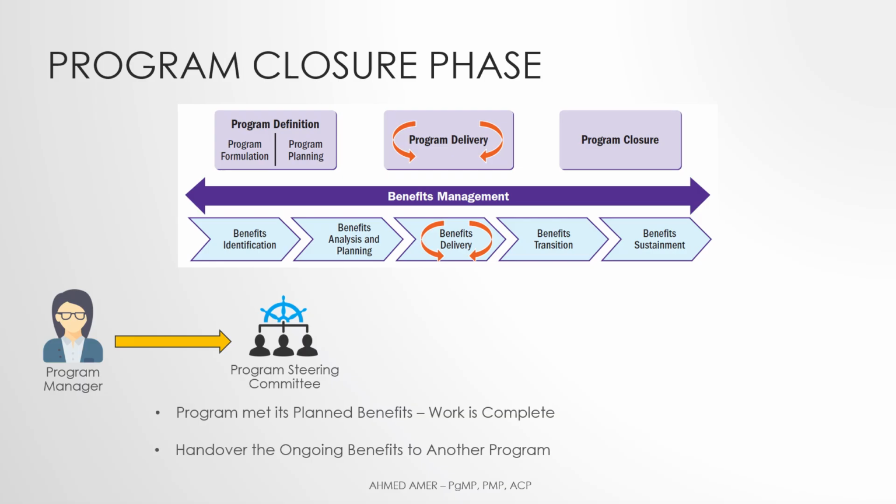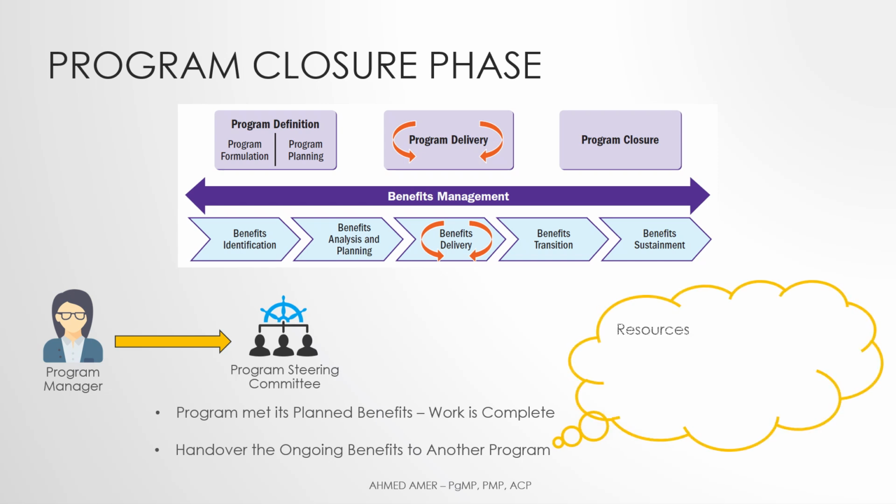In such case, it's expected to have work required to transition the resources, responsibilities, risks, knowledge, good practices, and lessons learned to the sustaining entity. Only when the transitioning phases are completed, the program manager receives approval from the steering committee and/or portfolio management body to formally close the program. We're gonna talk more about the closure activities in the next chapter in the standard.